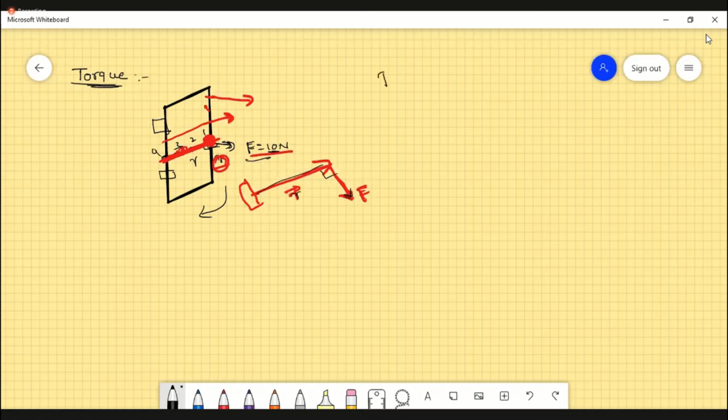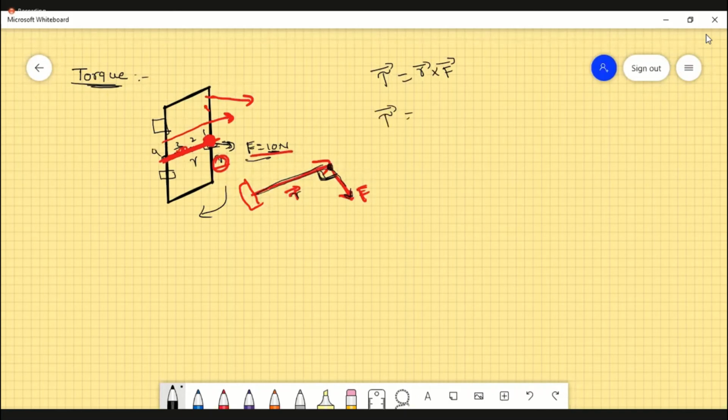So therefore torque tau equals R cross F. We discussed when the maximum torque will be, meaning maximum rotation: when R is maximum, and you apply the force perpendicular to it.